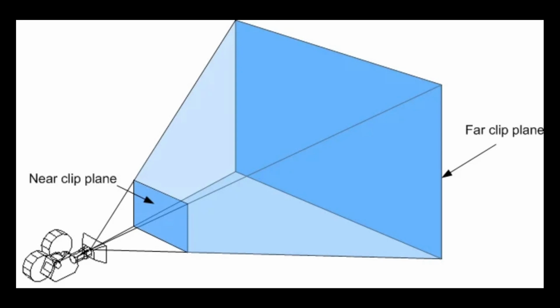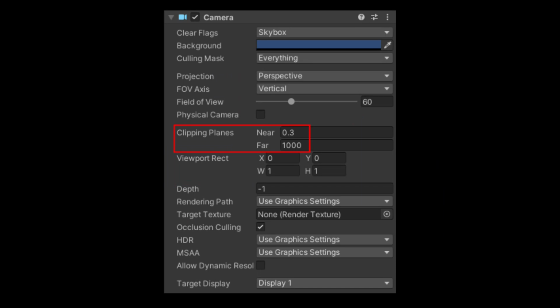Every camera on Unity has a value for near clip plane and far clip plane. These values are literally the distance from each plane to the camera. If you put a near value that's too far away, then things that are too close to the camera won't be rendered.